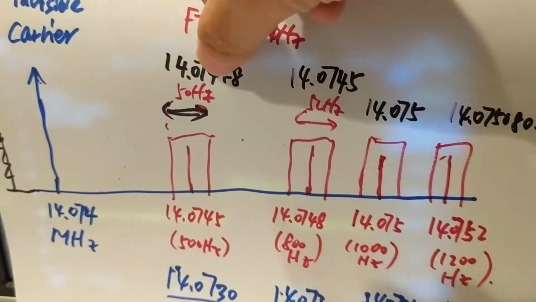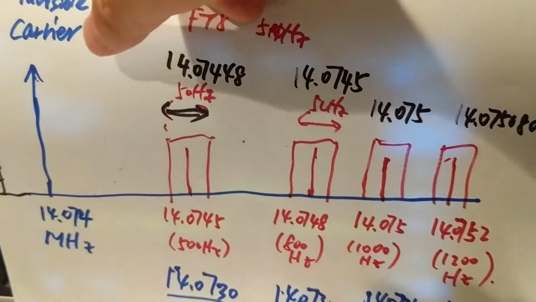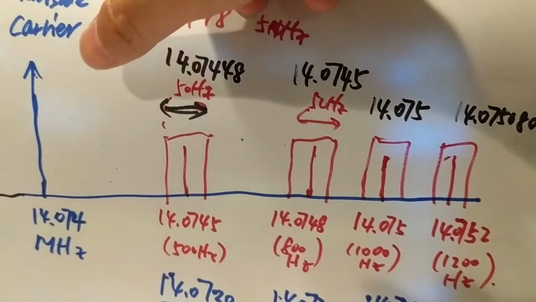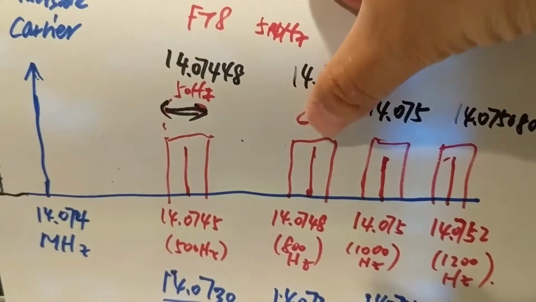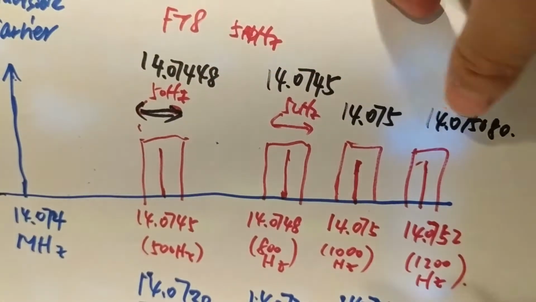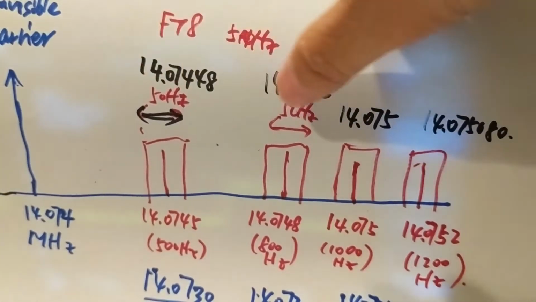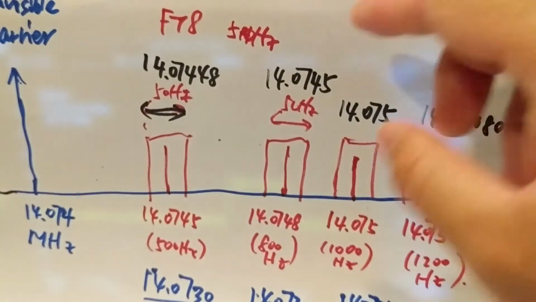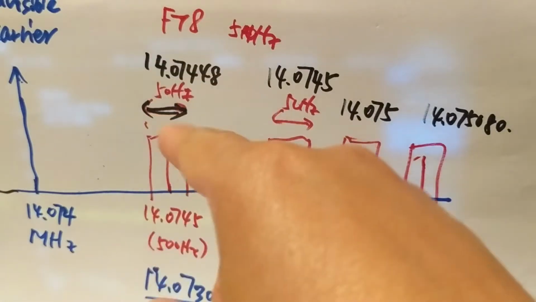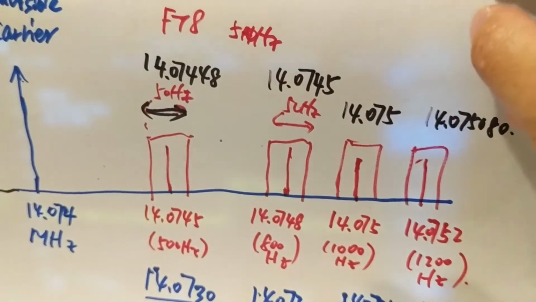If I set my audio channel at 500 Hertz, it is shooting 500 Hertz above. If I set at 800, it's 800 above. 1000 is 1000 above. 1200 is 1200 above. Okay. So now you understand the meaning of this frequency in the FT8 protocol.